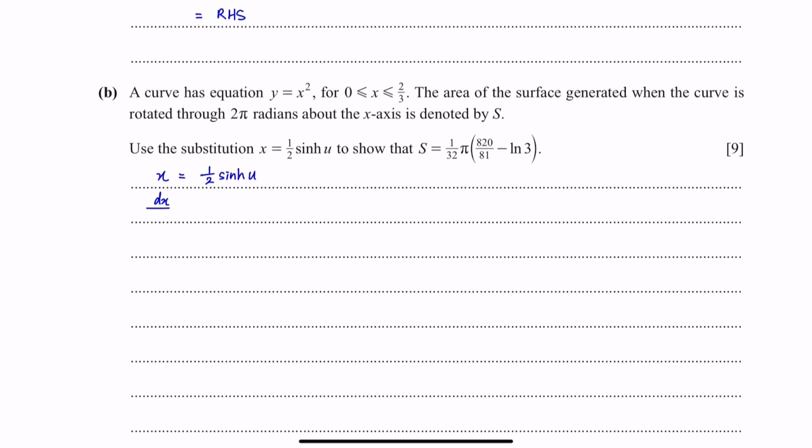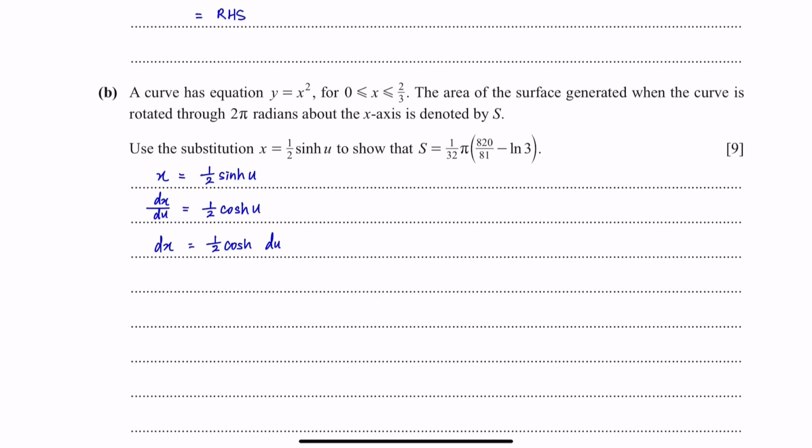So dx/du is half cos u, and dx would be half cos u du. So we need to find for the integration from 0 to 2/3, right?